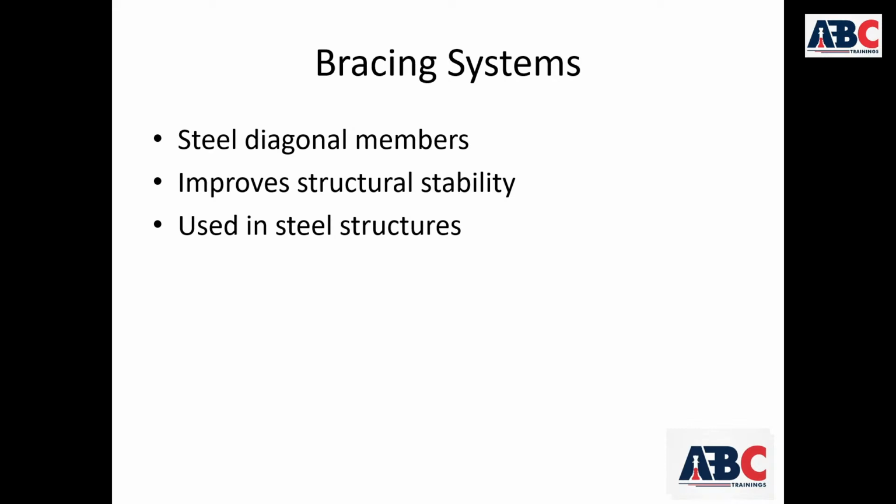Why is bracing required? During an earthquake, horizontal forces try to push the building sideways without bracing. How does bracing work? Bracing mainly works by axial force, tension, and compression.